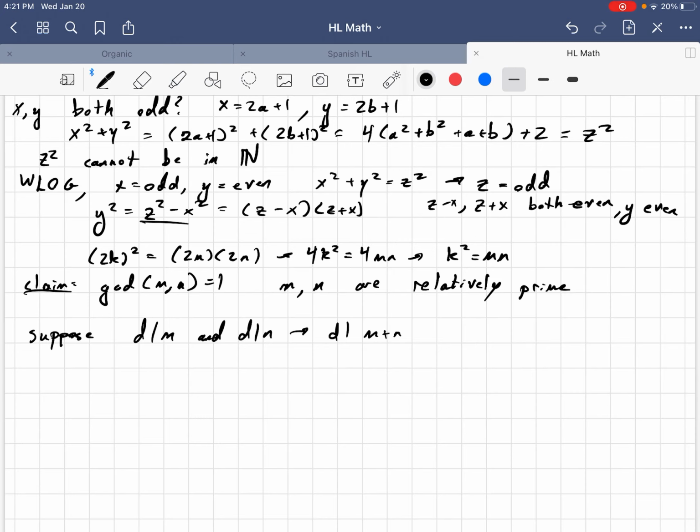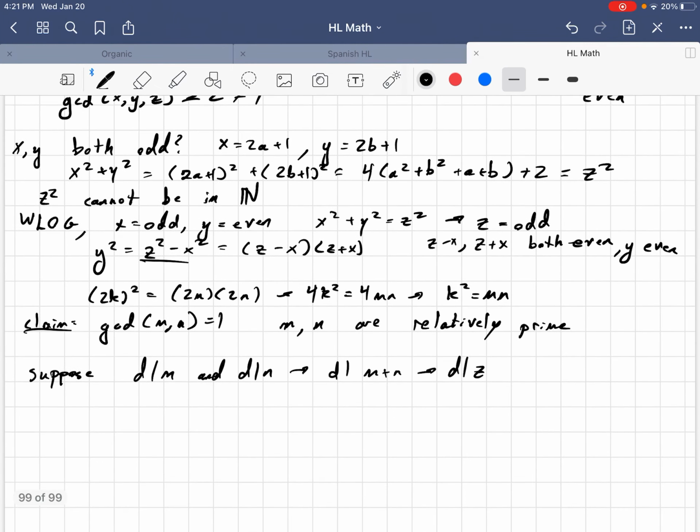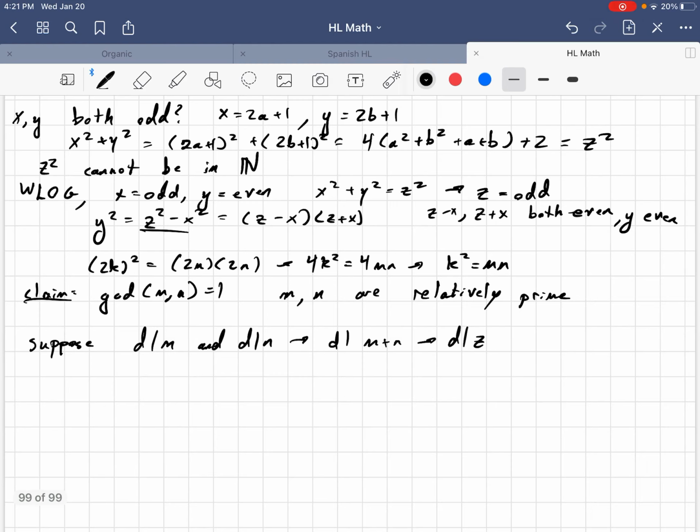Now, m plus n is the same thing as z, because one thing to notice is, how did we do it right here? We let z minus x be 2m, and then z plus x be 2n.